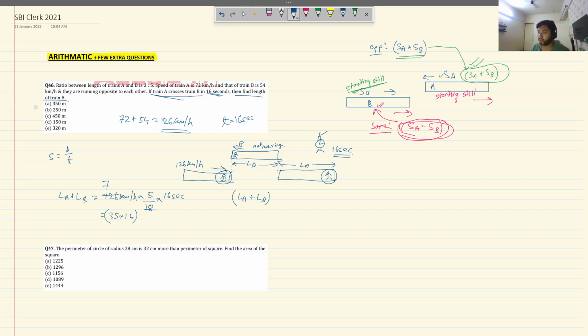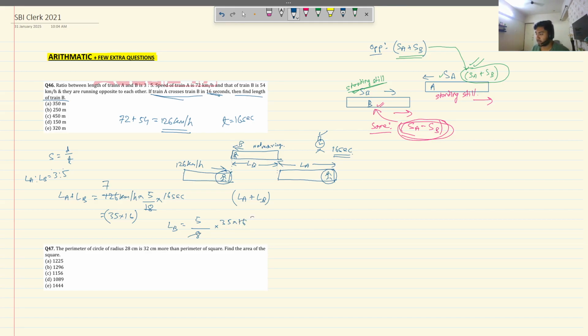It is given as 3:5. So LA is to LB is given to us as 3:5. That means the length of B would be how much? 5 parts out of 3 plus 5, that is 8 parts. 5/8 of the total length LA plus LB, that is 35 into 16.